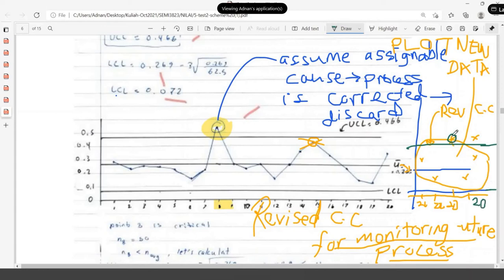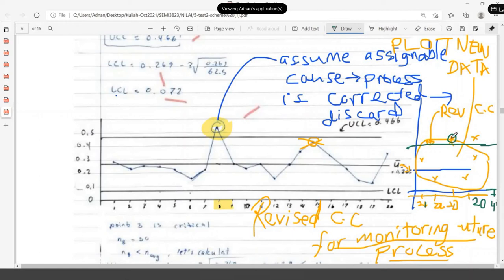If you want to revise based on the data here, it's possible, but you have to join with the earlier data. But it is not reflective of the new process, because you use old data. It is recommended you complete up to 20, this is 21, complete up to 40, and then do the revision.